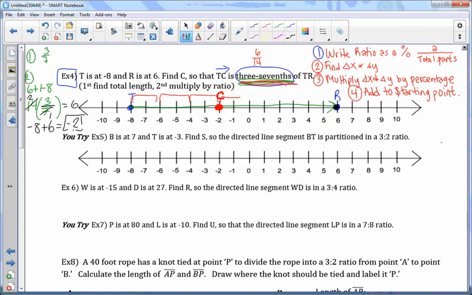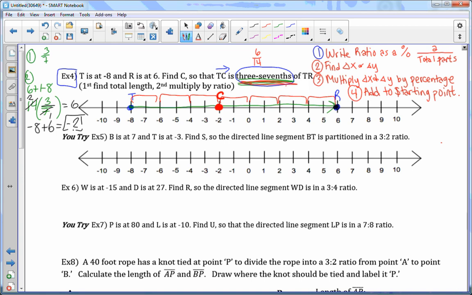And in total, how many units of 2 are there? 7. So we've gone 3 of the 7 over to the right. So we partitioned it in the right spot. We don't have a ratio, but 3/7 of the way over.